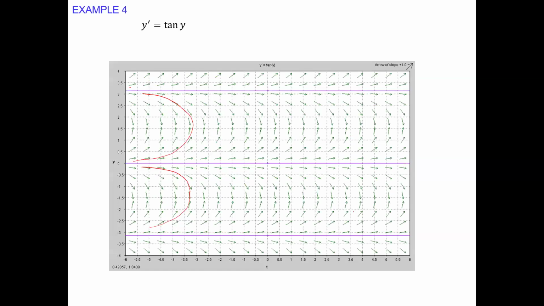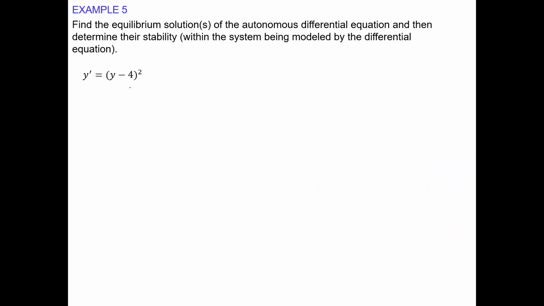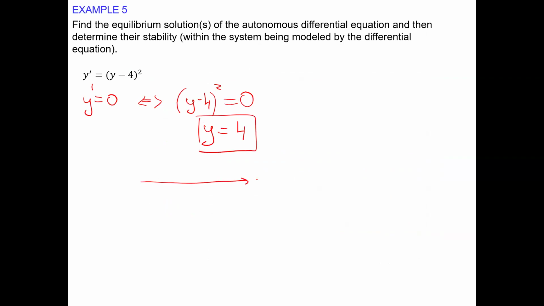Okay, and let's just really quickly do the last one. Equilibrium solution and stability. The equilibrium solution is where the derivative equals 0, so the right-hand side is 0 if y equals 4. Now let's see what happens. Phase line at 4. When I substitute 5, 5 minus 4 is positive, squared positive.